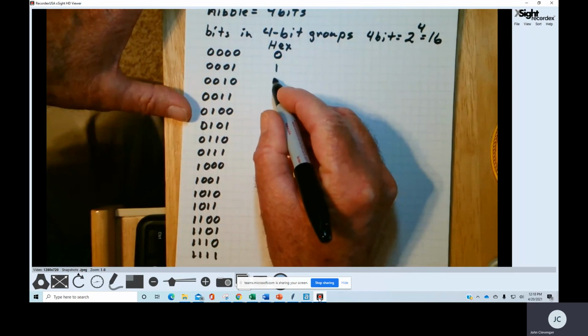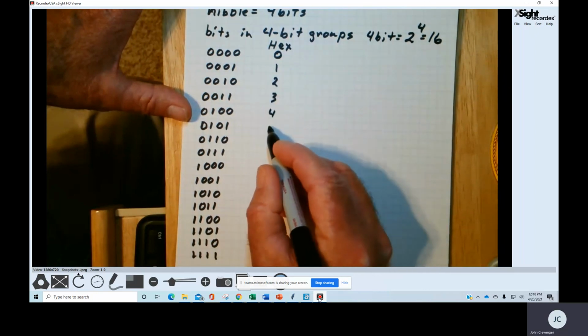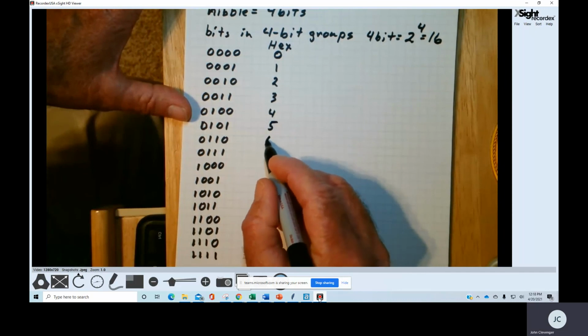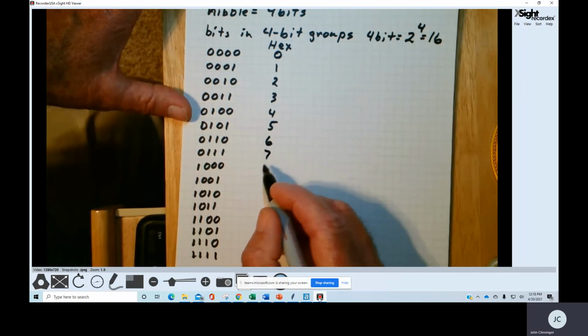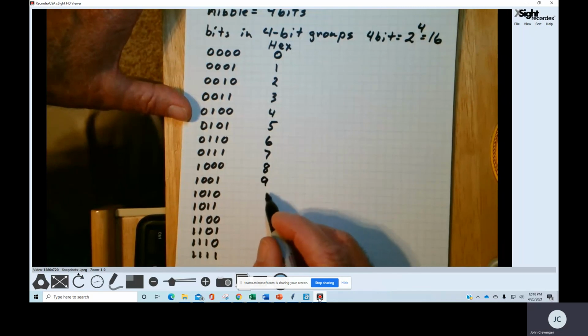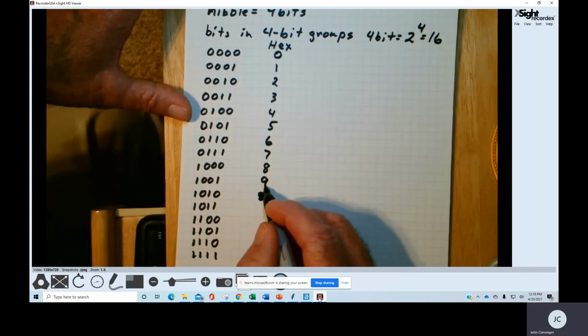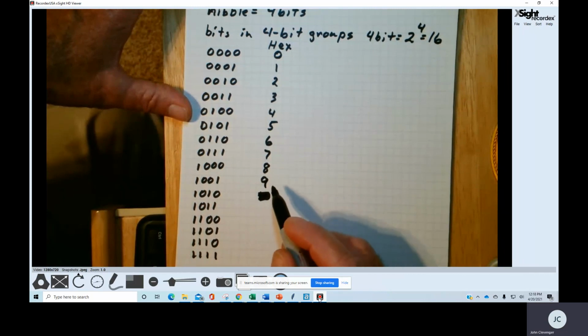This would equal 1, 2, 3, 4, 5, 6, 7, 8, 9, 10. And what am I going to put here? Oh, that's not right. I made a mistake. So what are we going to do next?